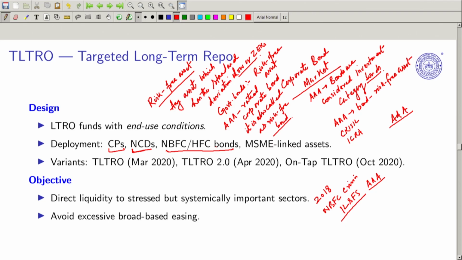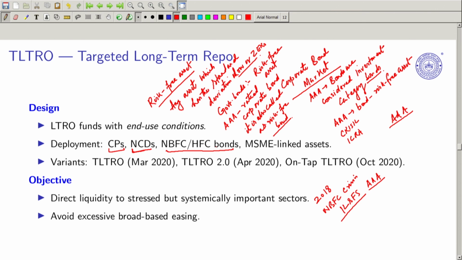Some of the MSMEs also issue, if they want to borrow money, they will be putting some collateral, so you can think about that kind of investment. It was implemented first in March 2020, when COVID was surging at that time, and it had become one of the important.